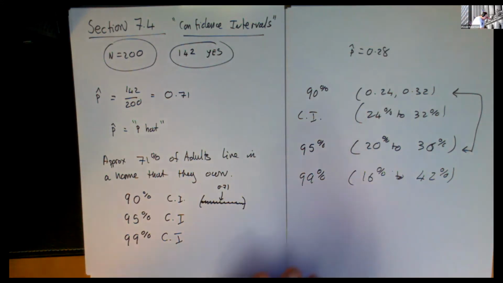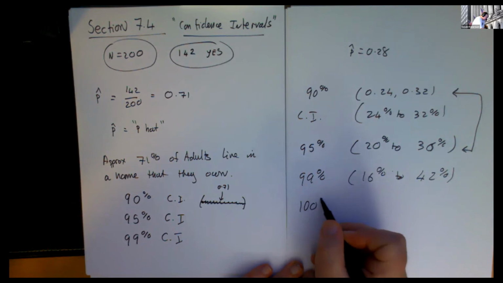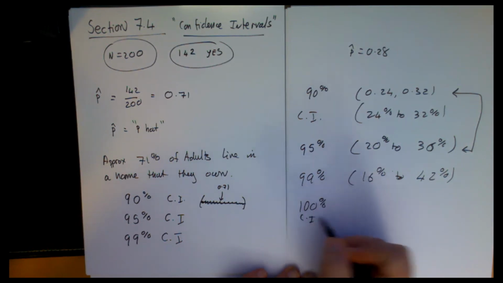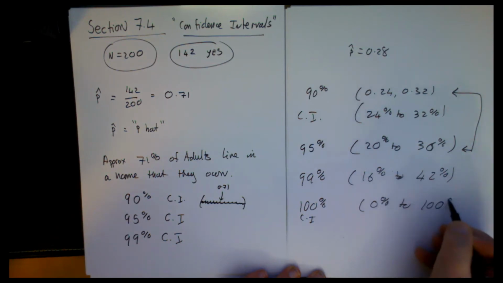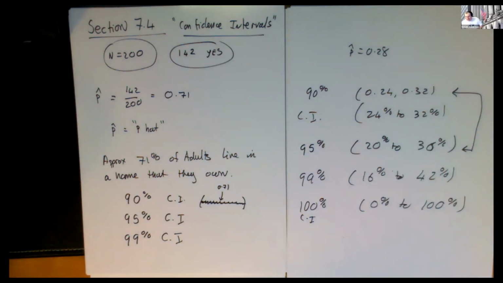If you want to be silly about it, I guess there is a 100% confidence interval. If I said that the right answer was somewhere between 0 and 100%, would you agree that I'm 100% confident that the answer is somewhere between 0 and 100%? Because everything is, right? Either everybody likes pickles or everybody in America hates pickles. That's the choices at the extreme ends.